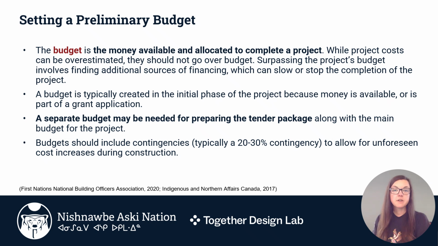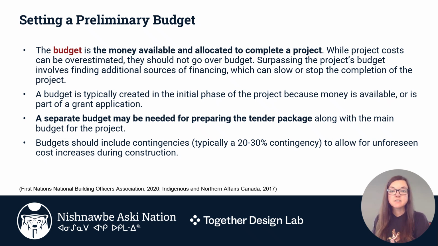Setting a preliminary budget. The budget is the money available and allocated to complete a project. While project costs can be overestimated, they should never go over budget. Surpassing the project's budget involves finding additional sources of financing which can slow or stop the completion of the project.